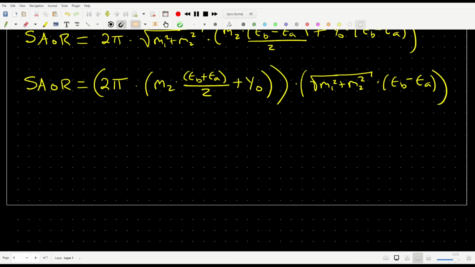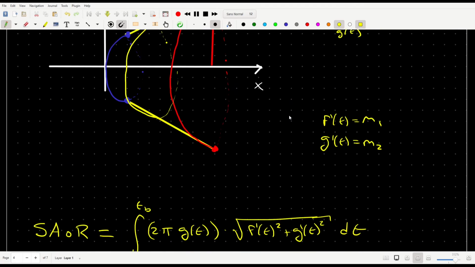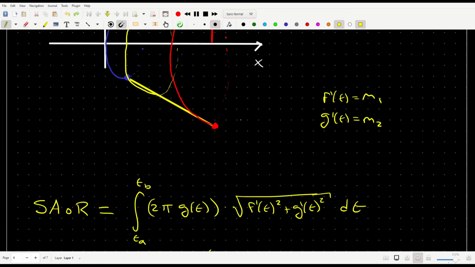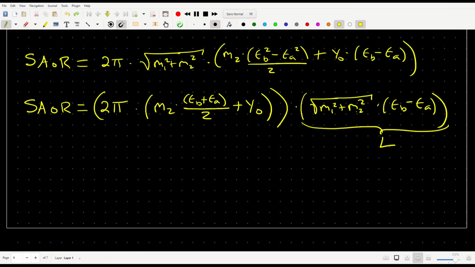And the first thing that we notice, and this is from the arc length example, is that for that straight line, this is exactly the arc length L of the line, or just the length of this portion right here of the line from the previous arc length example. So this quantity is very simple, and this quantity is also pretty simple, especially if we rewrite this a little bit just to get an idea of what it's saying.